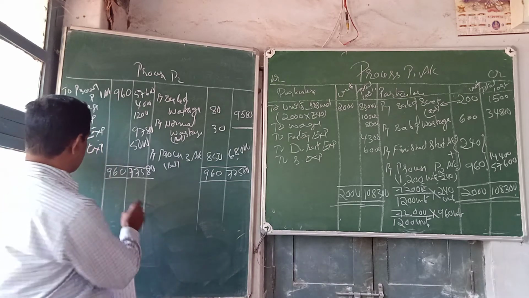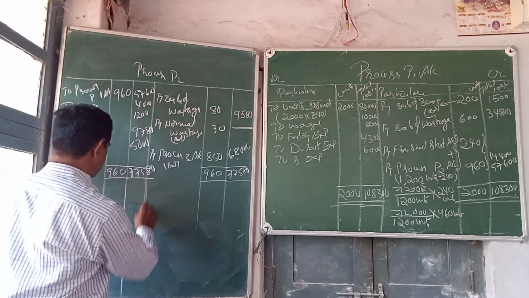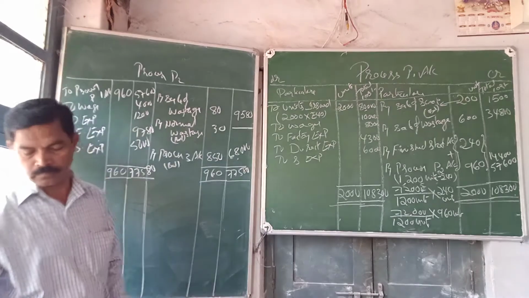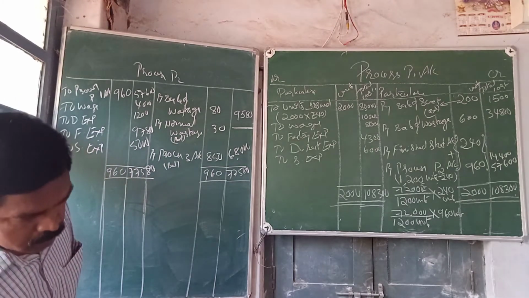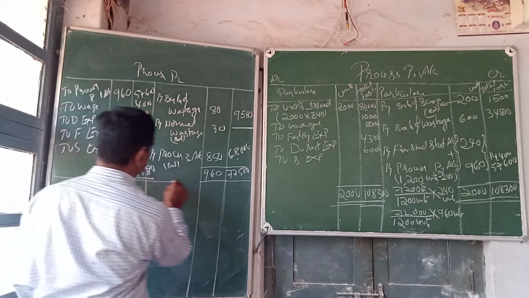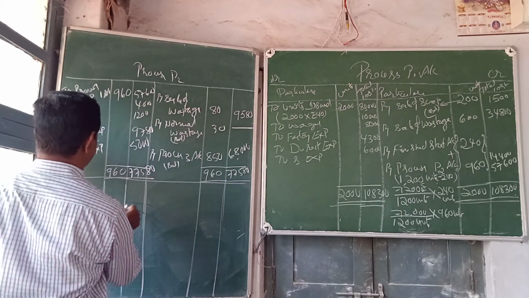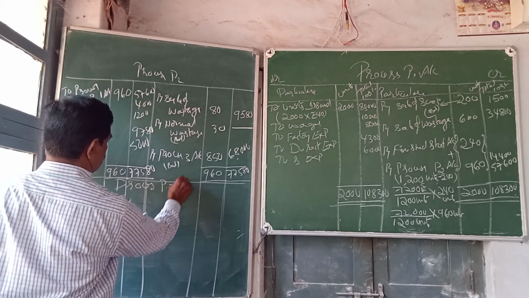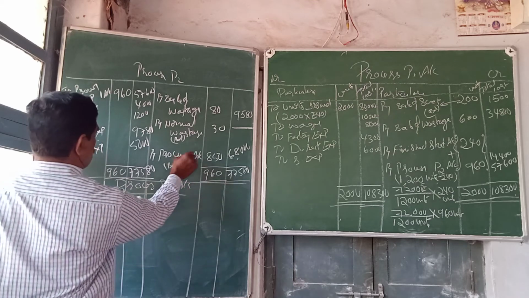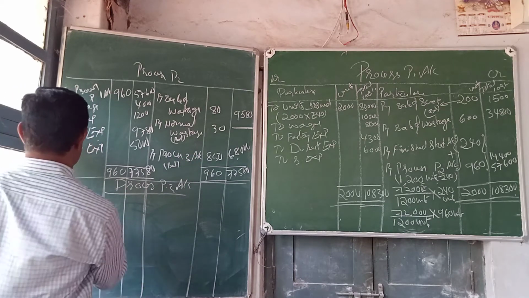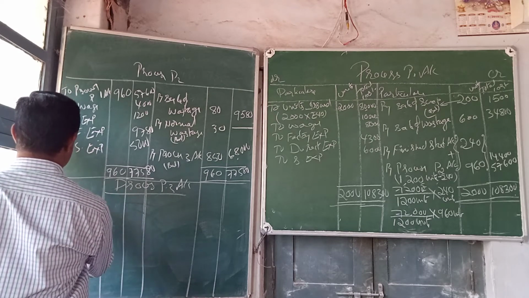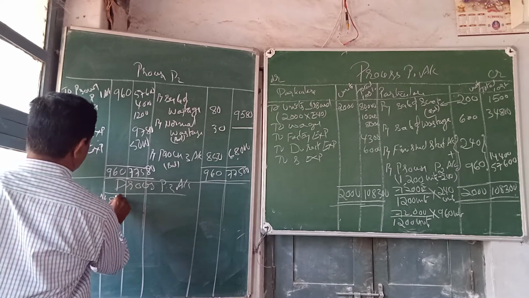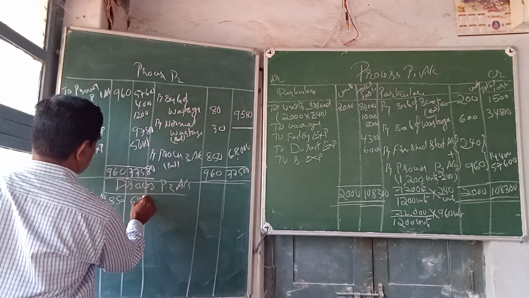Now, process 3 account. First, take this. This is process P3 account. Process 3 account, to process P2 account. 850 units, 68,000 value.